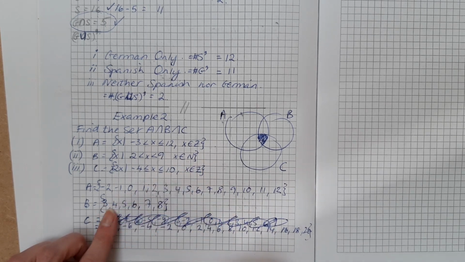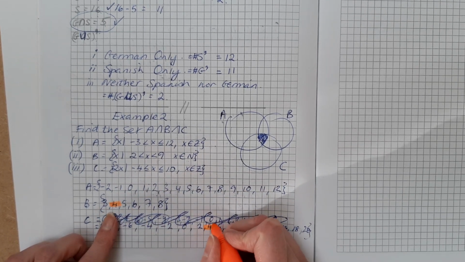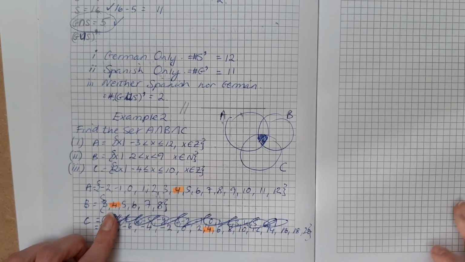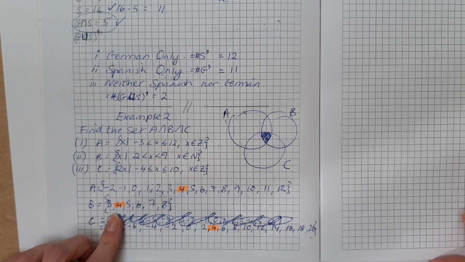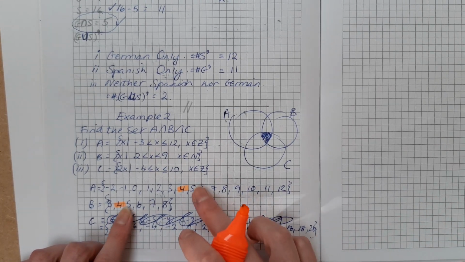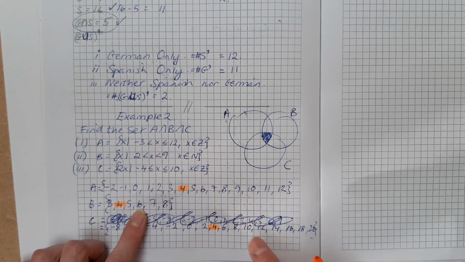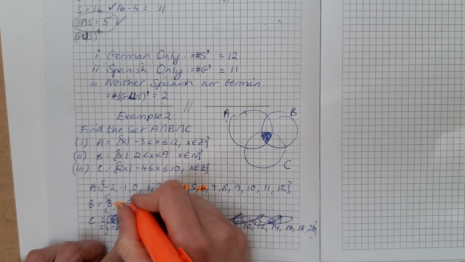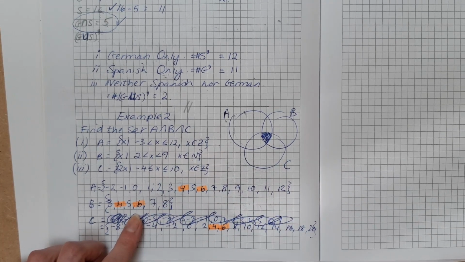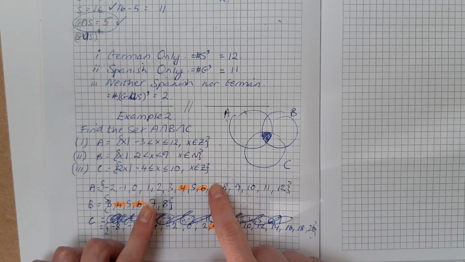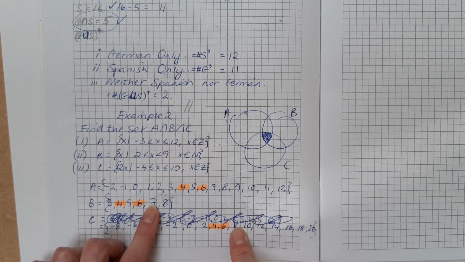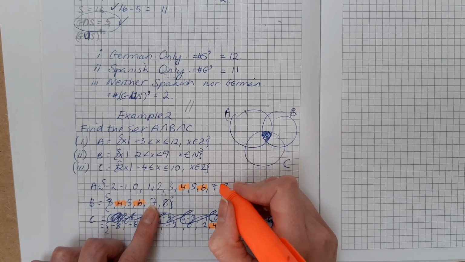So we can't include 3, but 4 is there. 4 is on all 3 lines. So 4 is an intersection. Okay, 5 is there and there, but it's not on the bottom line, so we can't use 5. 6 is there, there, and there. So 6 is on the intersection. 7 is on the top 2 lines, but it's not on C, so we can't use it, but 8 is.